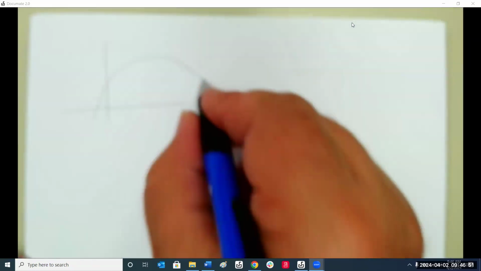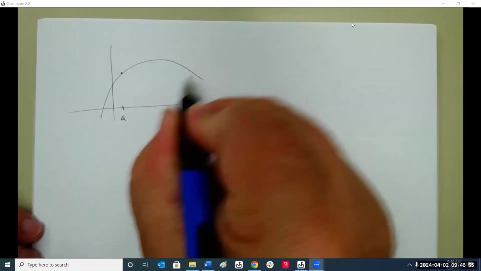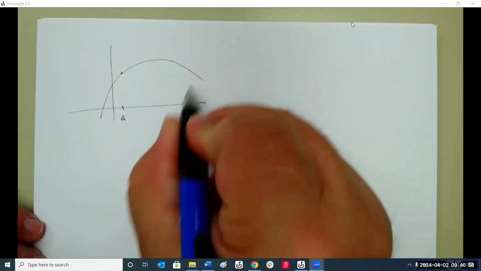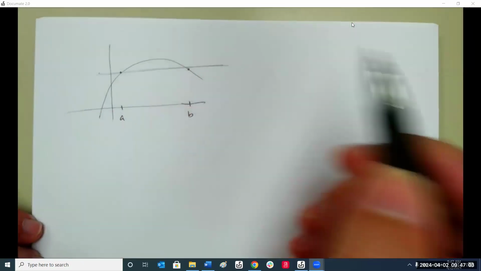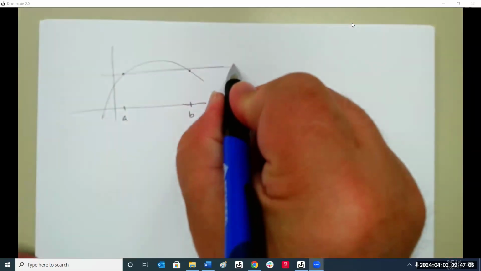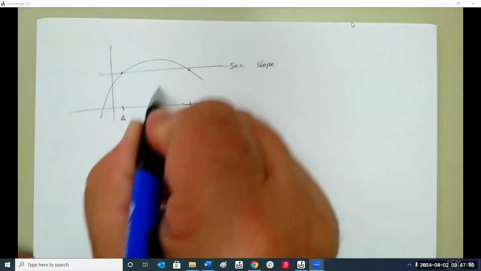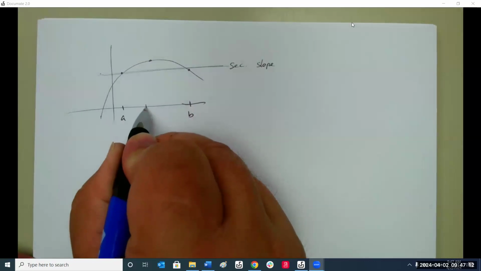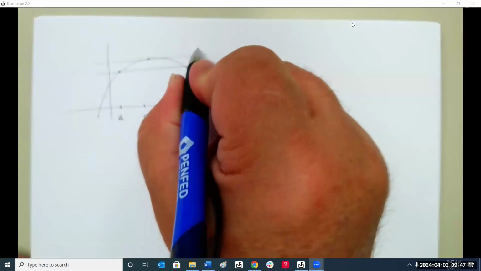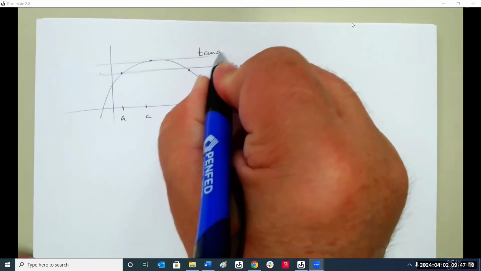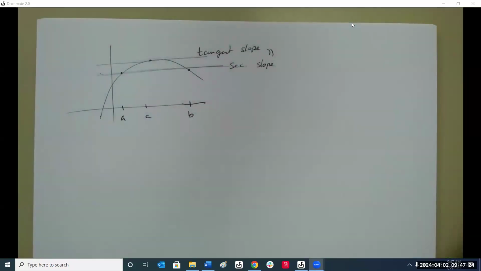So if we had a curve that looks like this, we have 2 points at A and at B. The slope of the secant line, and there's a point somewhere between A and B where the tangent line has the same slope. These are equal.